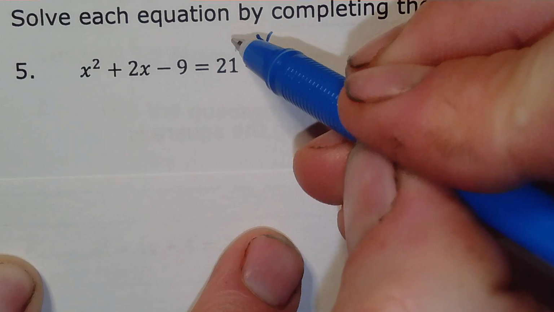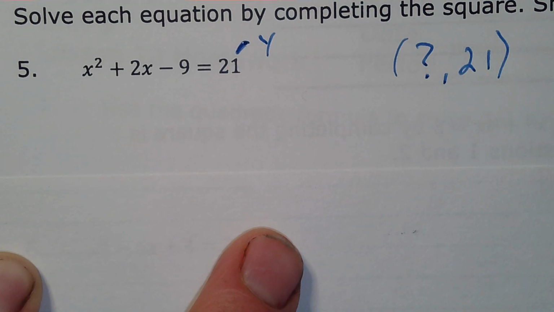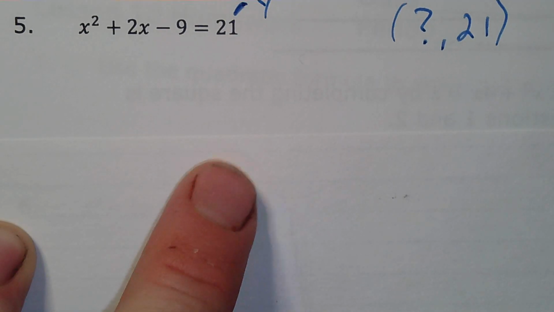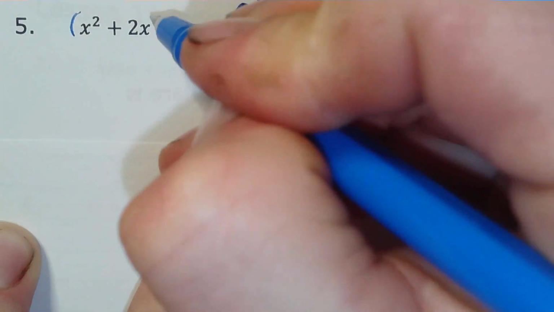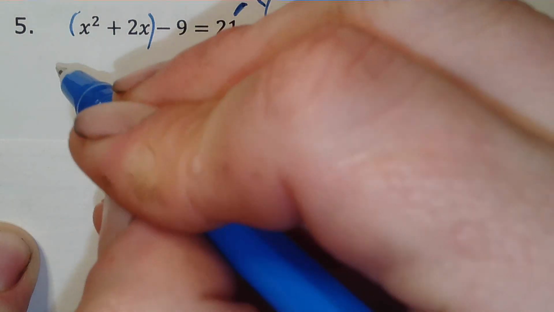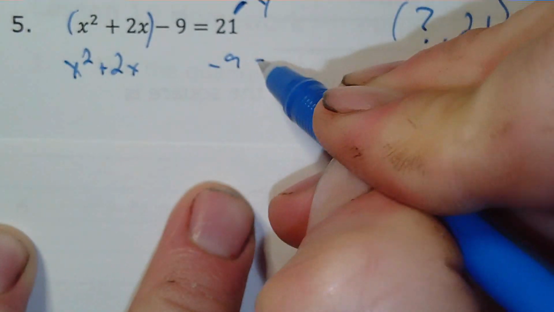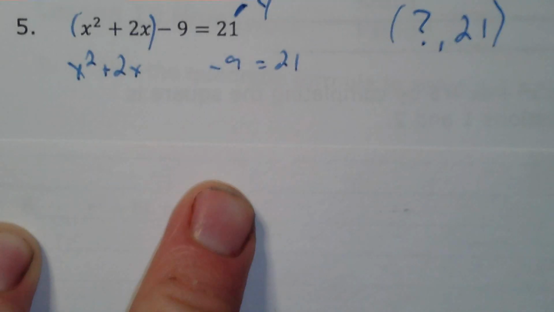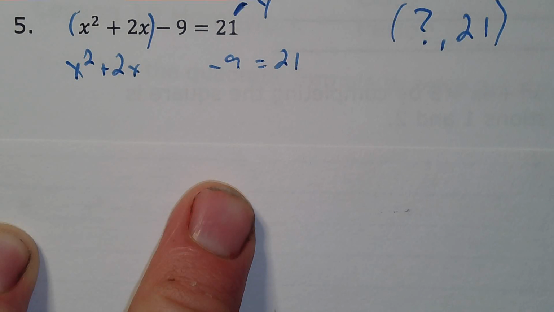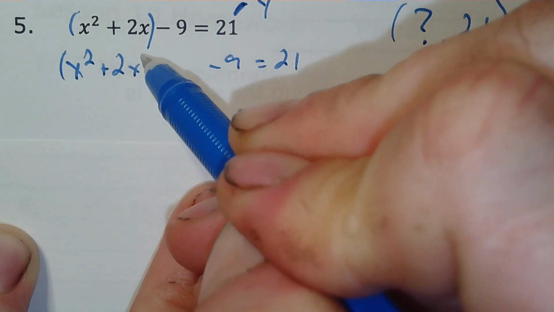So first things first, I'm going to do it by completing the square. This is my first step. I'm going to rewrite it as x squared plus 2x, leave a gap, minus 9 equals 21. Now I'm evaluating my a term here.